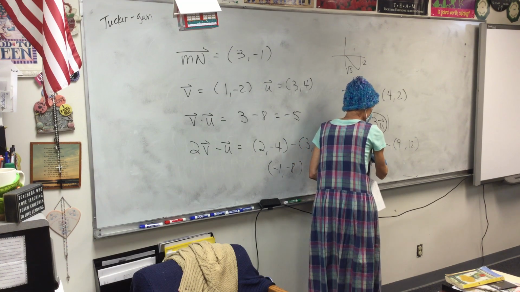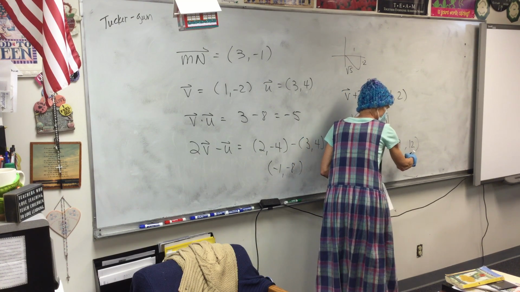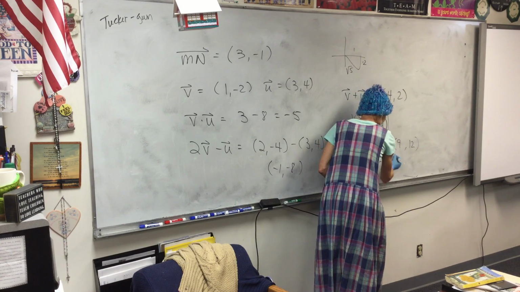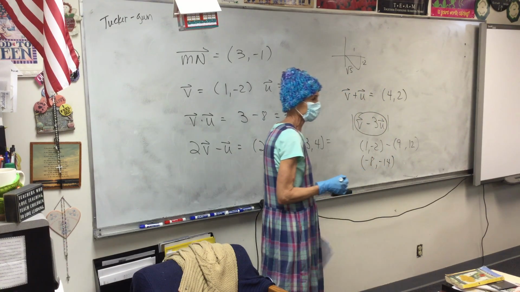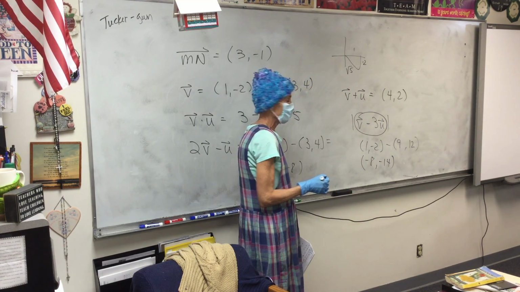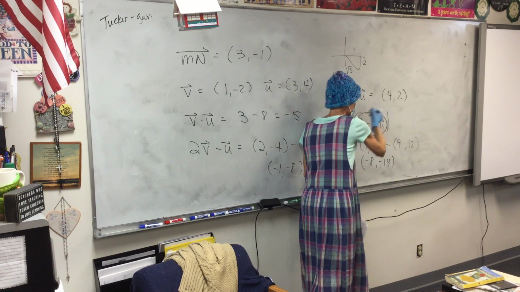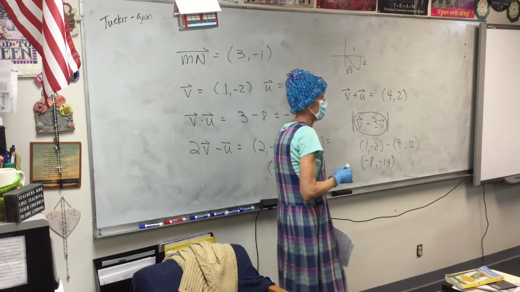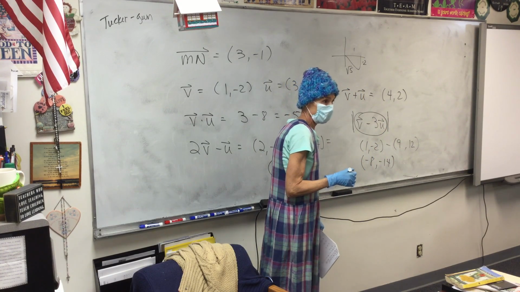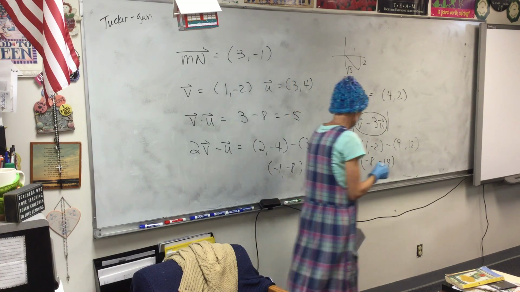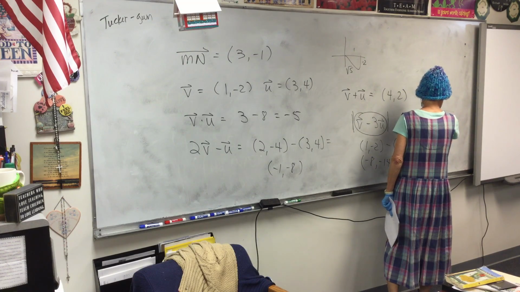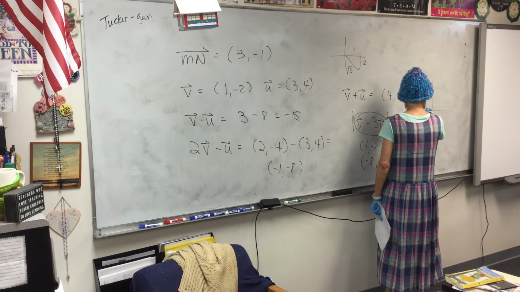And negative 2 minus 12 is negative 14. Now that's this. So what do I need to do now? Find the magnitude. So negative 8, negative 14.